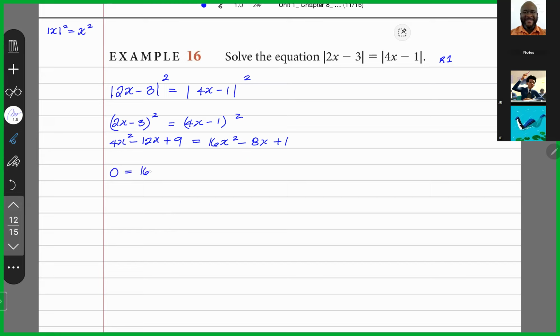We have 16x squared minus 4x squared minus 8x plus 12x plus 1 minus 9 is equal to 0. So now we end up with 12x squared plus 4x minus 8 is equal to 0. Dividing the entire equation by 4, we get 3x squared plus x minus 2 is equal to 0.